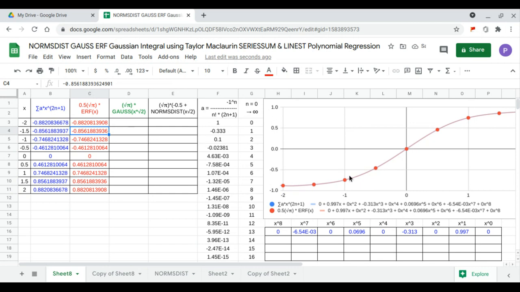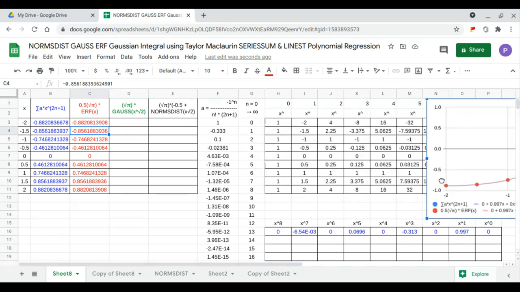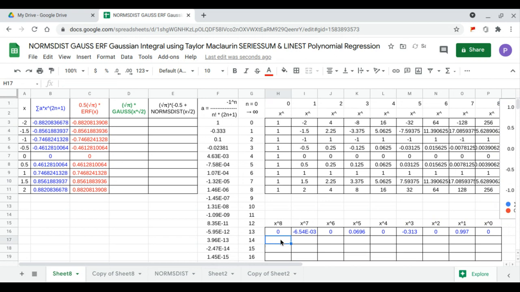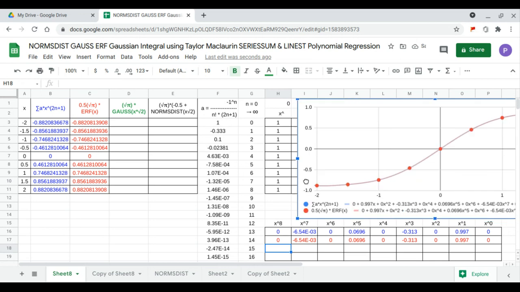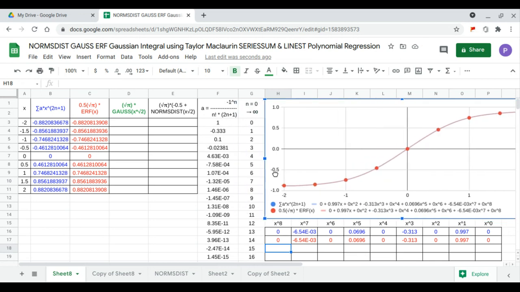Now they're all on the same trend line. And the polynomials are also the same. We calculate the regression coefficient using LINEST. So LINEST, data y, and data x. And we get the same results for the polynomial regression.